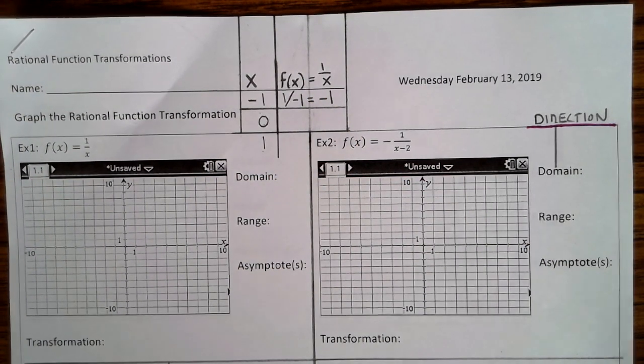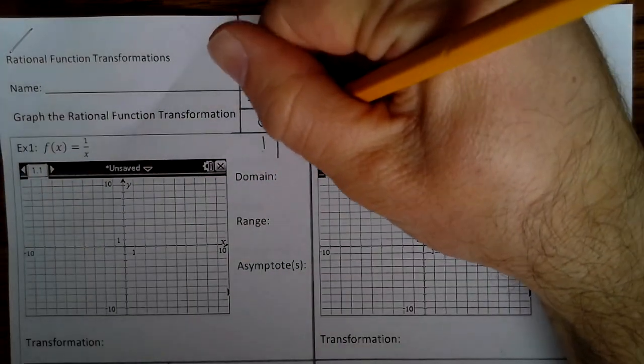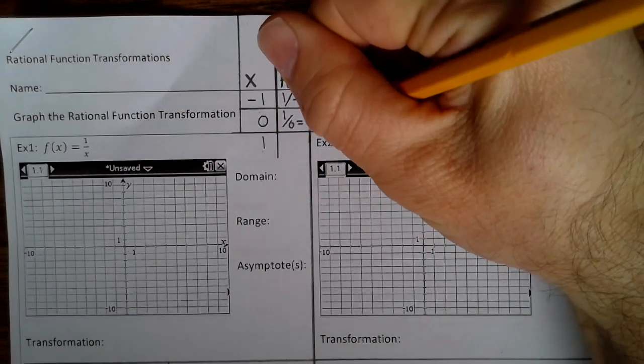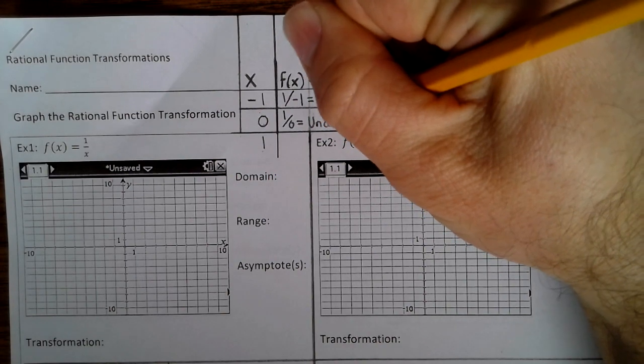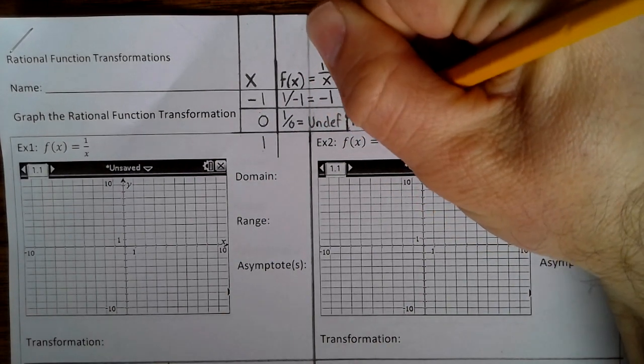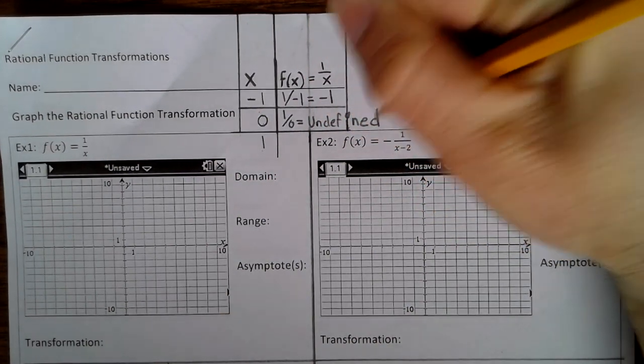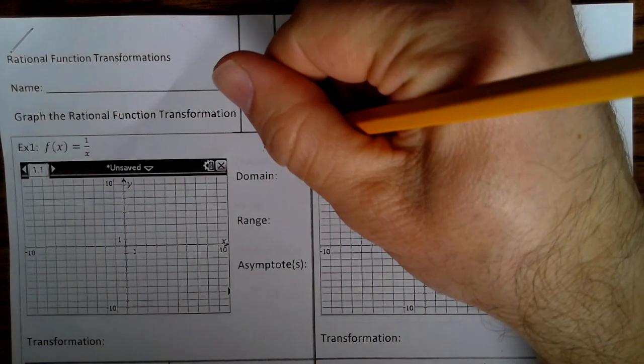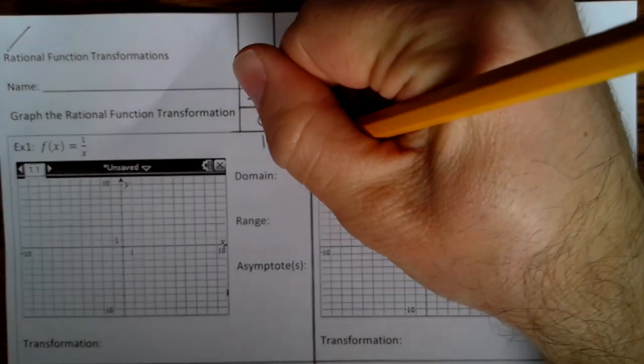Okay? 1 divided by 0 is undefined. When x is 1, that's 1 divided by 1, which equals 1.